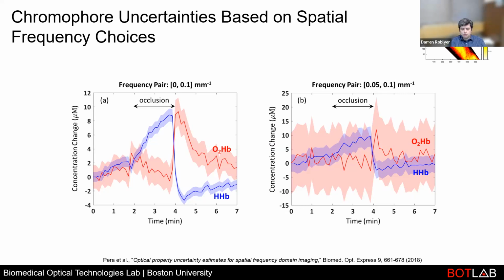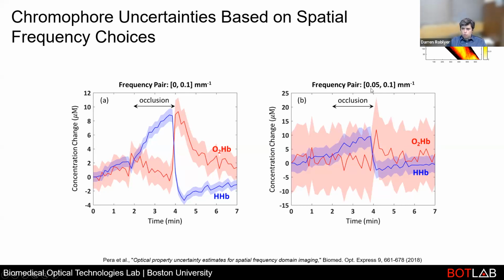So a blood pressure cuff is put on the upper arm, and then SFDI was used to measure the lower arm. During the occlusion, where you're blocking arterial supply, there's a drop in oxyhemoglobin, an increase in deoxyhemoglobin, and then reactive hyperemia that occurs after the cuff is released. You can see when we use 0 and DC, these patterns are very clear.